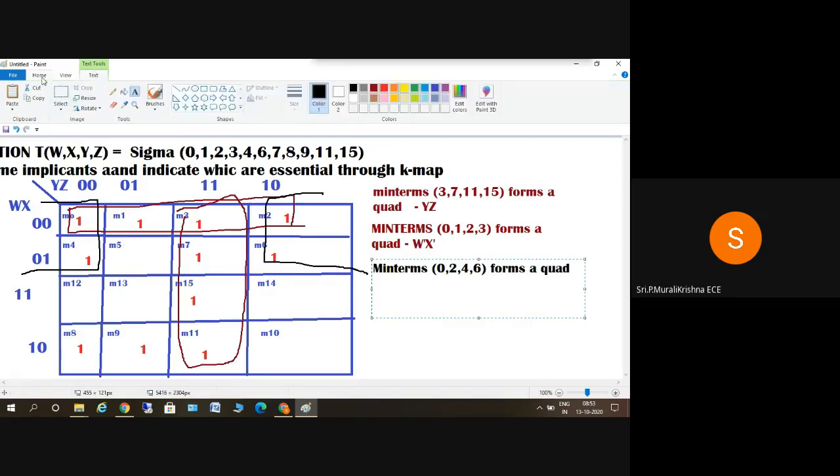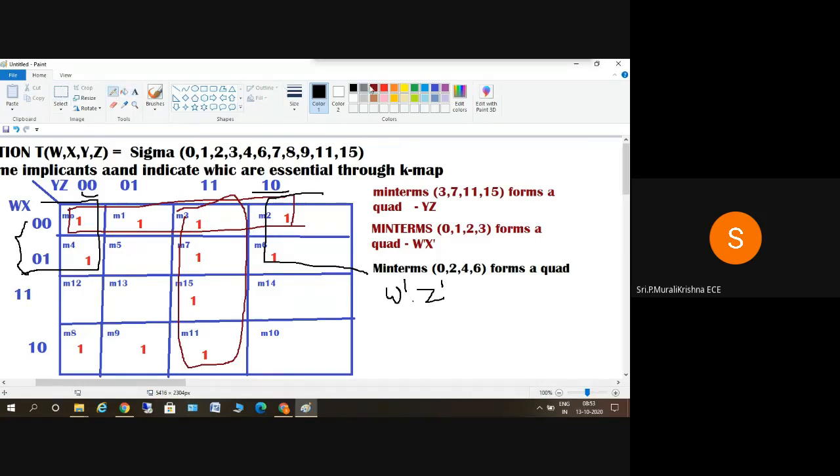Comparing these two rows, the value is W bar. And the column term: we check these two columns here, Z bar. So it is W bar Z bar. This is the third essential prime implicant.